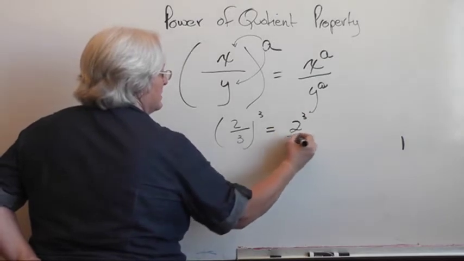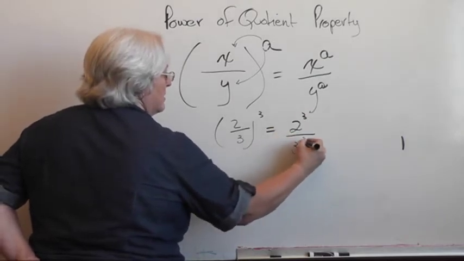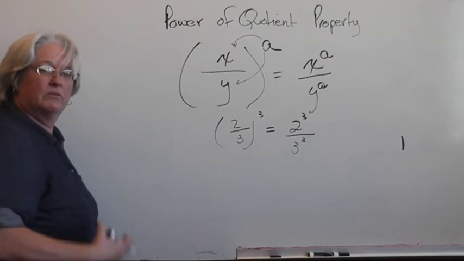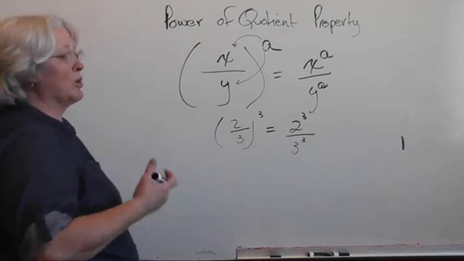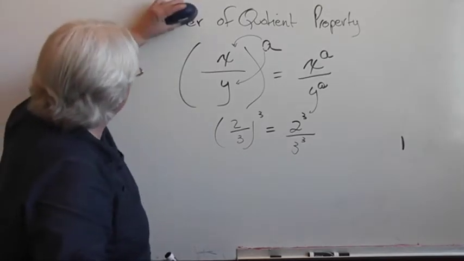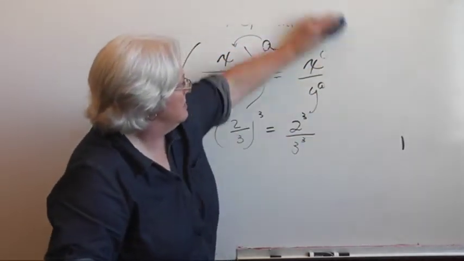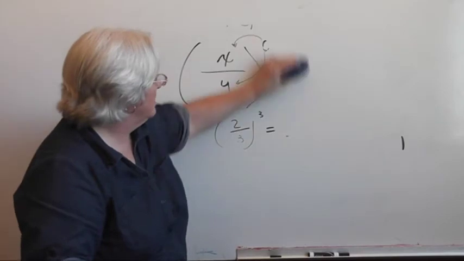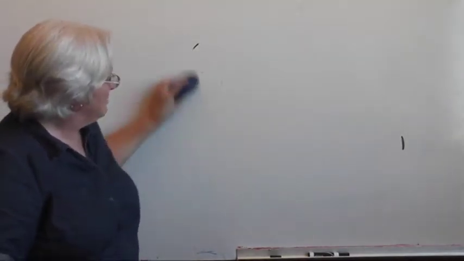The numerator is cubed, and the denominator is cubed. Very easy process to do. You just have to know the rule. So these are the quotient properties that you need to review for this section.